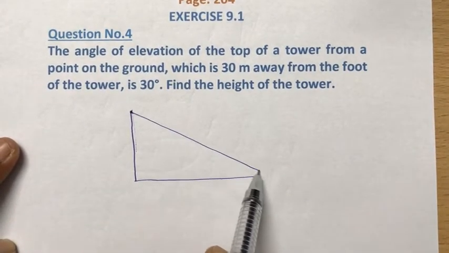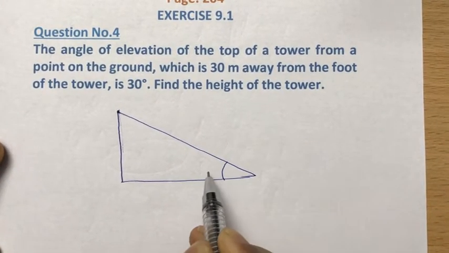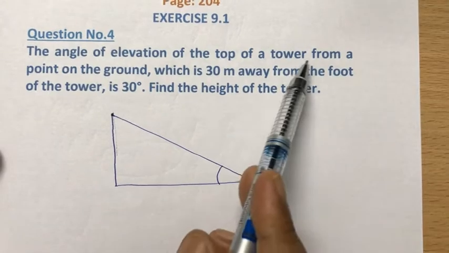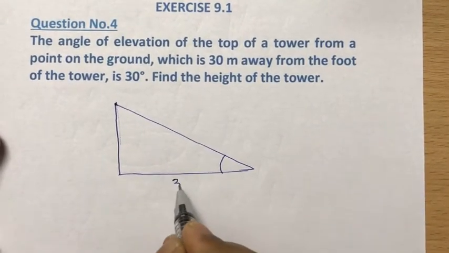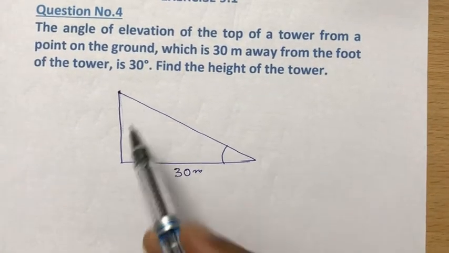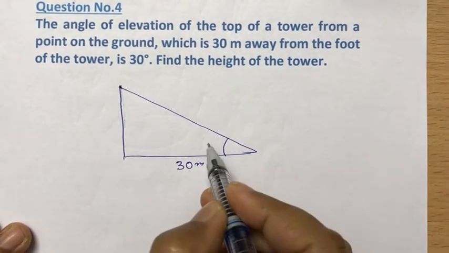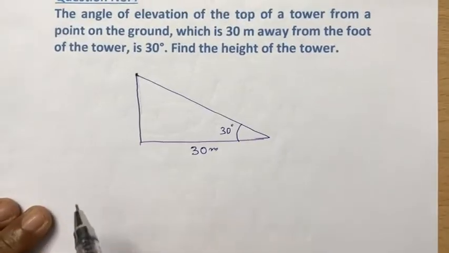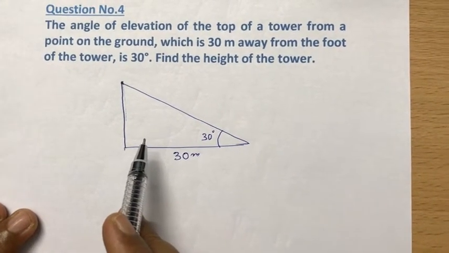The angle of elevation is this. The point is on the ground, 30 meter away from the foot of the tower. This is the foot of the tower, this is the top of the tower, and this is 30 degree. So find the height of the tower.